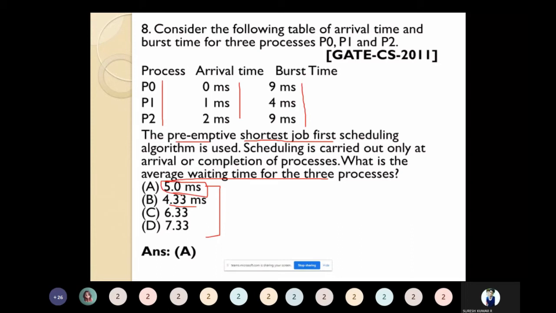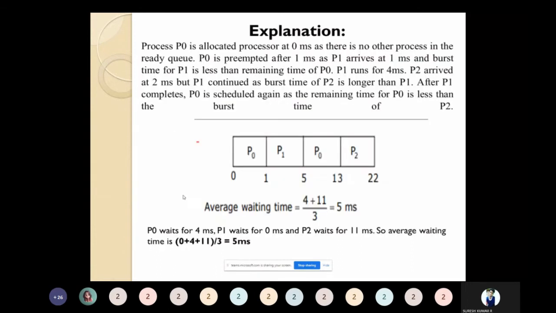How we calculate it is explained in the slide. First we have to draw a Gantt chart, and next we get the waiting time and turnaround time.